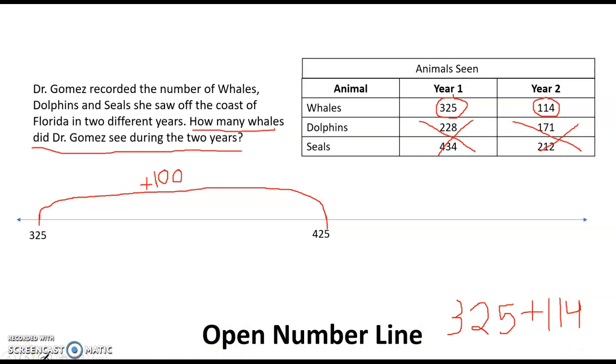Let's look at the tens. How many tens do we have? We are jumping 10. So looking at the tens place, if I add a 10 to 25, I get 35. So 425, jumping 10, 435.